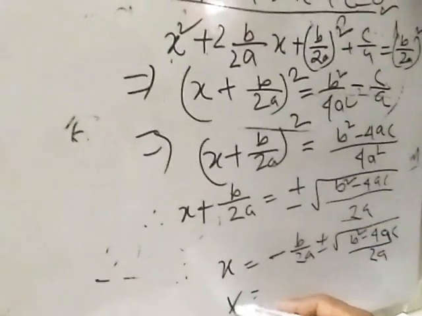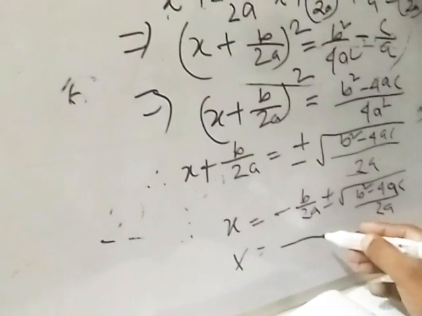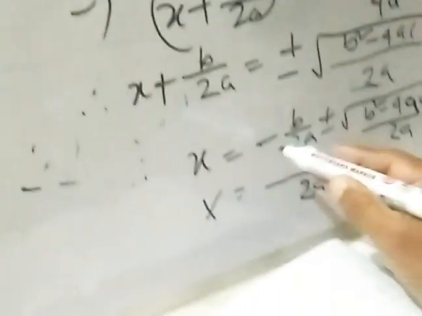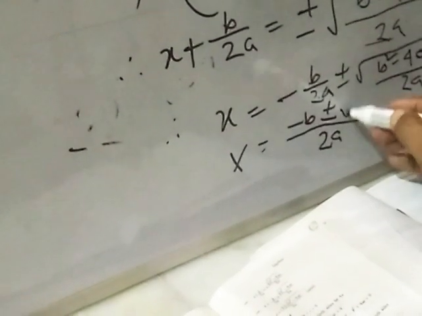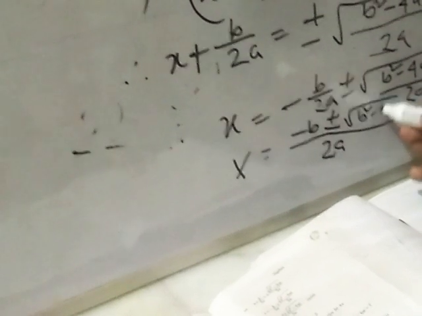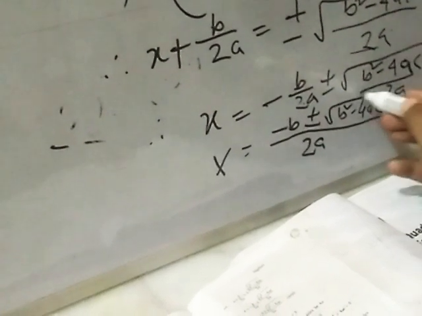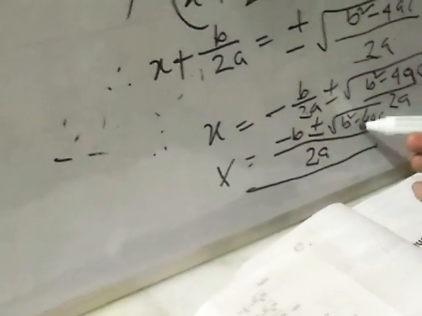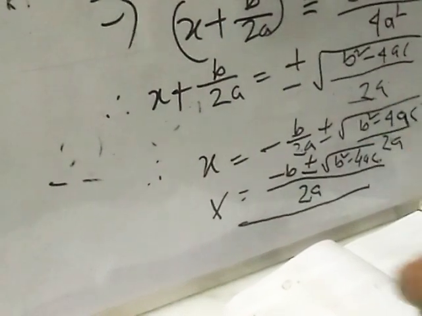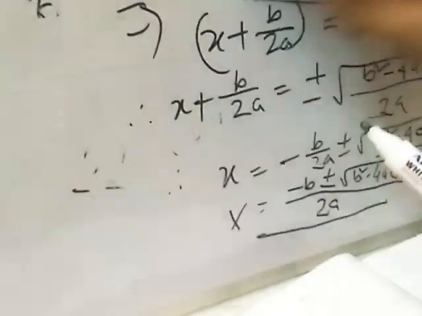So x equal to, one more line, taking LCM, minus b plus minus root over b square minus 4ac by 2a. This is known as Sridhar Acharya rule. And as I told you earlier, b square minus 4ac is called discriminant. Clear? Very good, well done. So follow the next step.